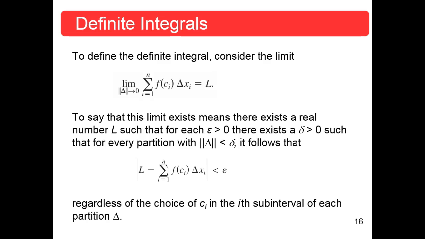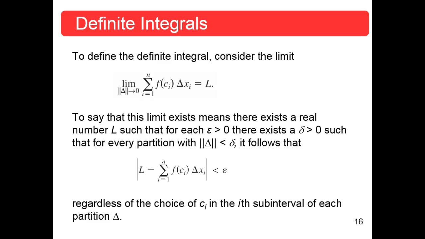Now, to define the definite integral, let's go back to limits again. The limit as the norm, the maximum partition element in a partition, is going to 0. That wouldn't work for that one that was 1 over 2 to the n.